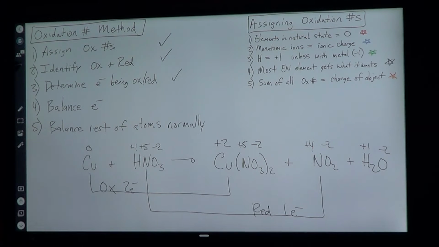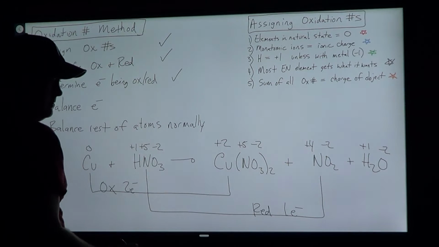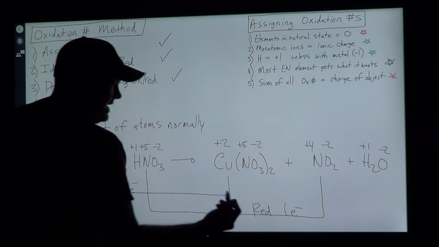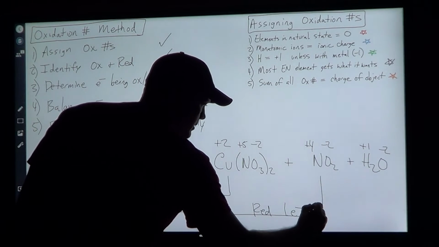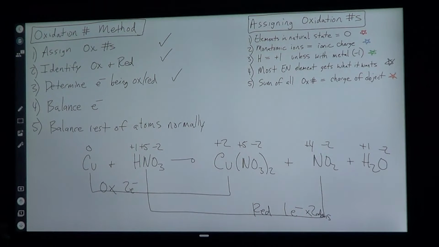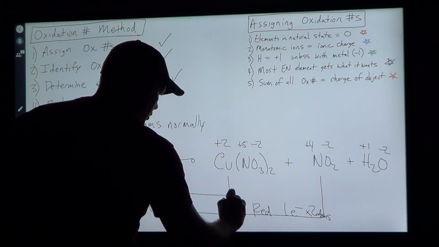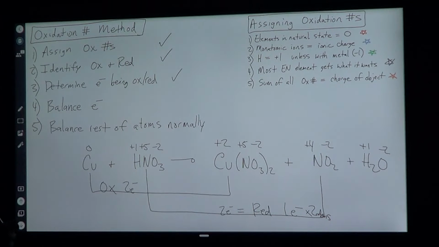The way we do this is we say, okay, every nitrogen atom is reducing by 1 electron. So we're going to get to 2 atoms, which will actually give us 2 electrons that were being reduced.